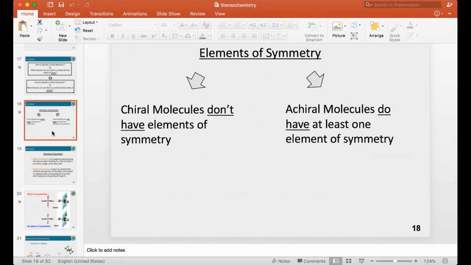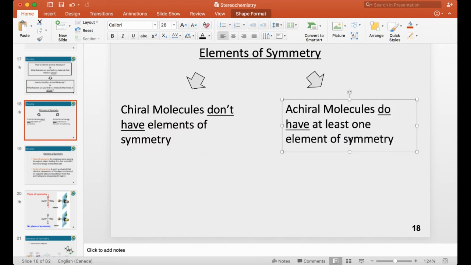It's something called, which a lot of you might know at this point, elements of symmetry. Okay? So, and we will get into what is that exactly, but any chiral molecules will never have any element of symmetry. Period.